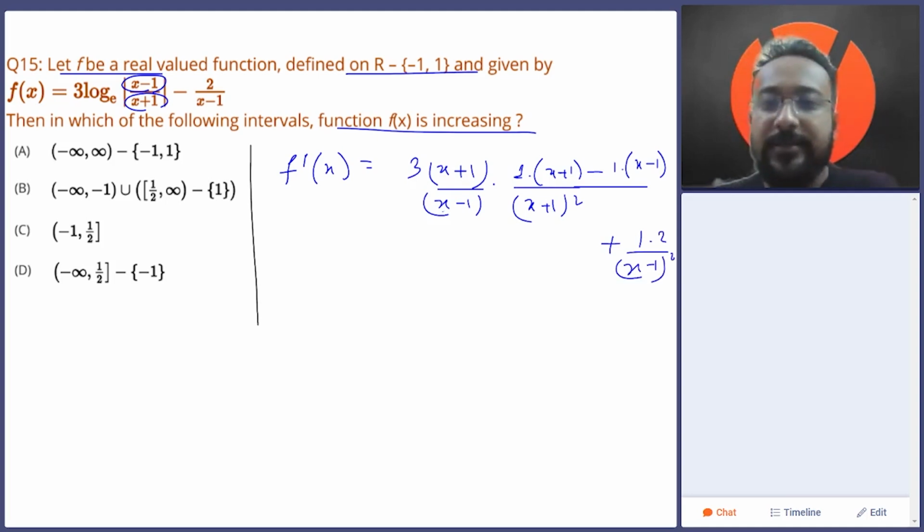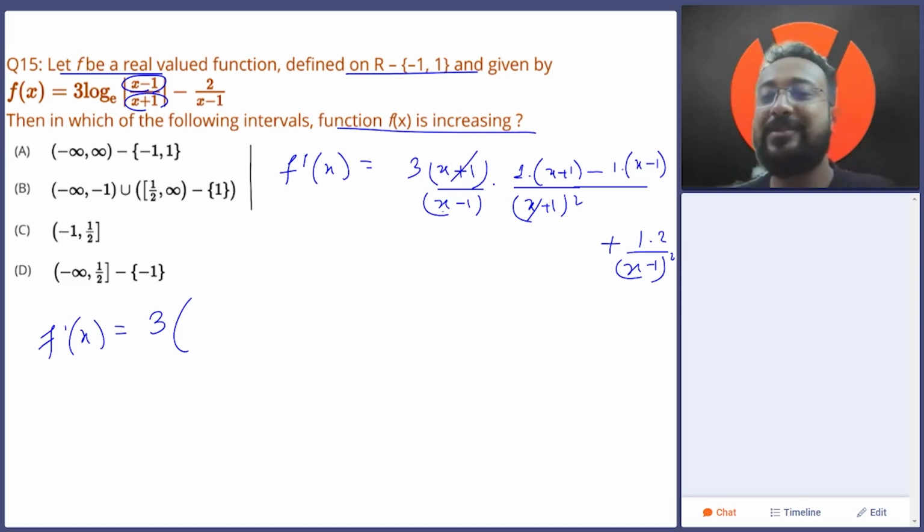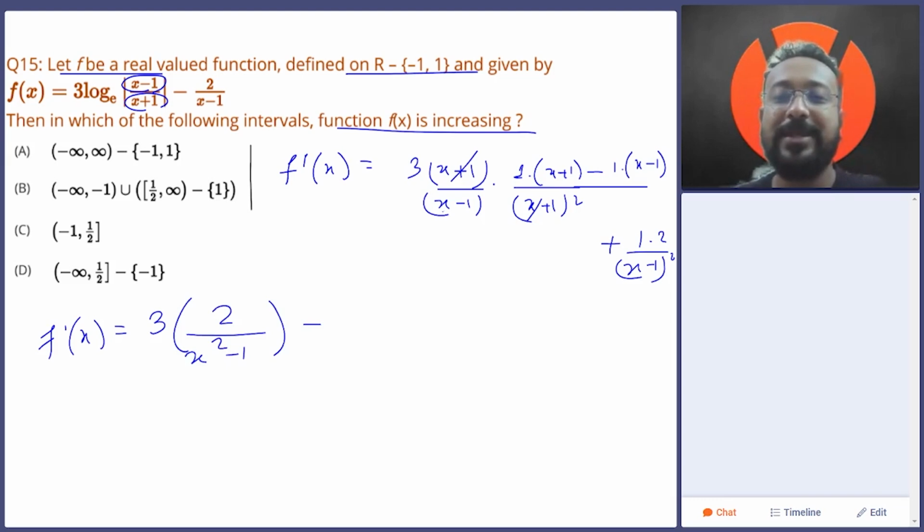Yes. So now finally if we see f dash x, x plus 1 will get cancelled here. So you can see 3 into x plus 1 minus x plus 1 will become 2. 2 by x minus 1 into x plus 1 becomes x square minus 1, correct? Plus 2 by x minus 1 whole square.